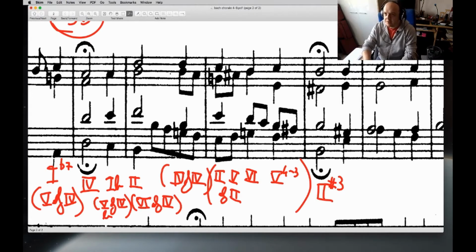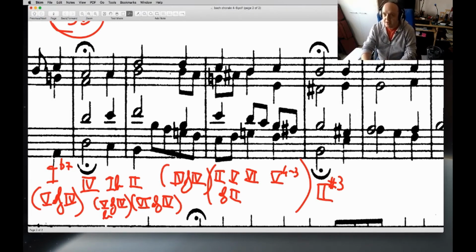So then I have B minor. B major sounds like a tierce de Picardie, because you'd be expecting B minor.